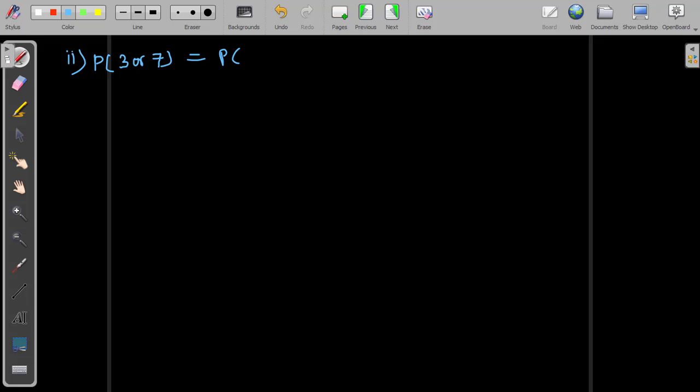Here 3 represents event C, and union means this is event B. Again apply the addition theorem for two events: probability of C plus probability of event B minus probability of C intersection B, as per the statement of the addition theorem for two events.